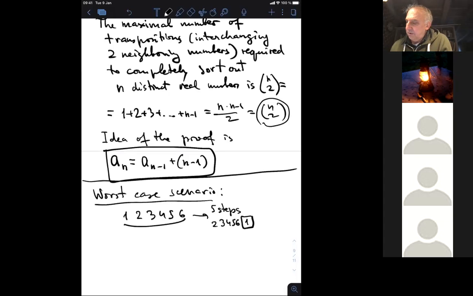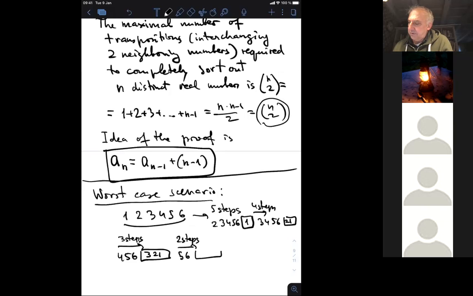Then we have to go 4 steps. 2, 3, 4, 5, 6, 2, 1, which will be frozen. Then we have 3 steps. 2, 4, 5, 6, and then 3, 2, 1. Then we have 2 steps. 2, 5, 6, and then 4, 3, 2, 1.